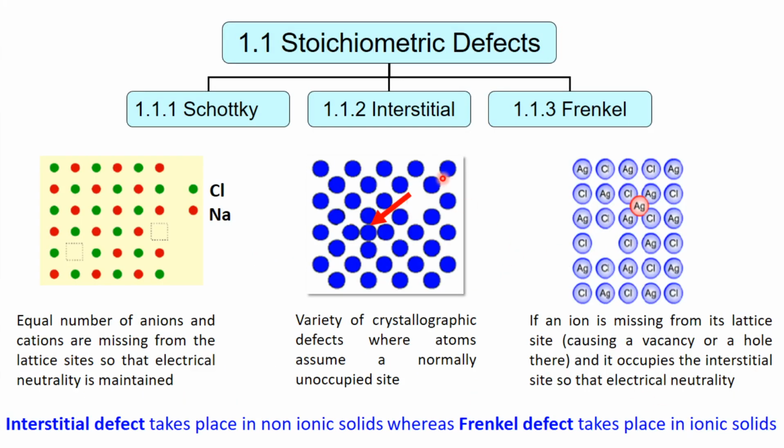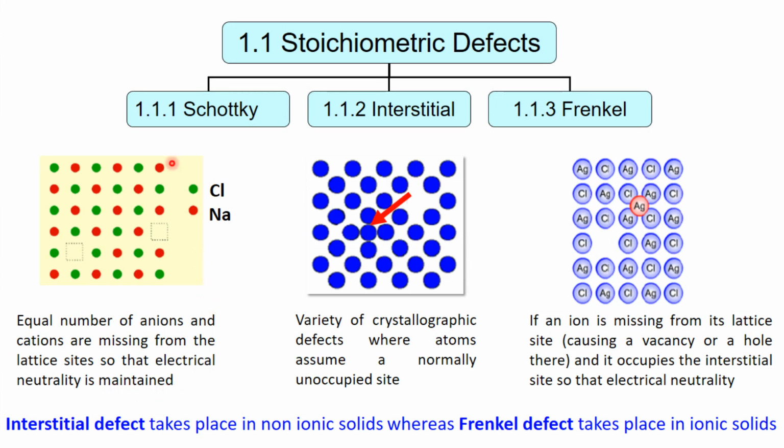Stoichiometric defects can further be classified into Schottky, interstitial, and Frenkel defects. Schottky defects: in these defects, equal number of anions and cations are missing from the lattice sites so that electrical neutrality is maintained.